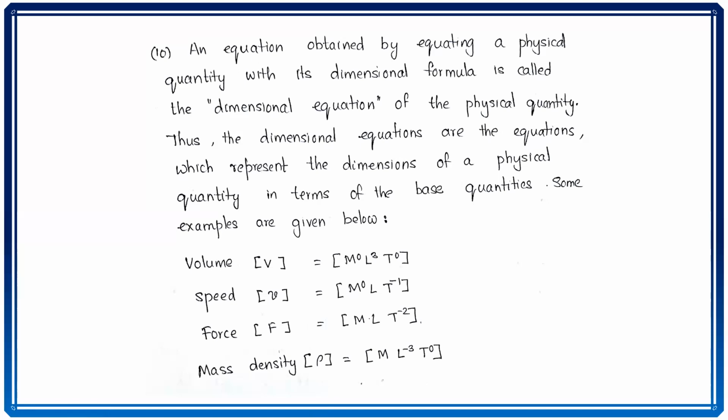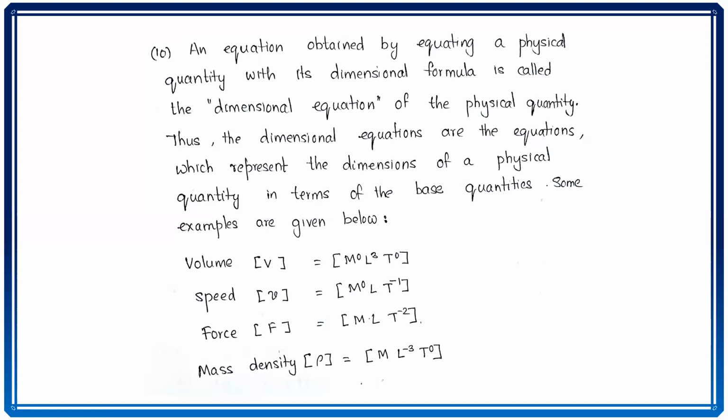Dimensional formula is nothing but writing M, L, T with their respective powers in the square bracket. Equating the dimensional formula with the physical quantity is called a dimensional equation. Very simple.